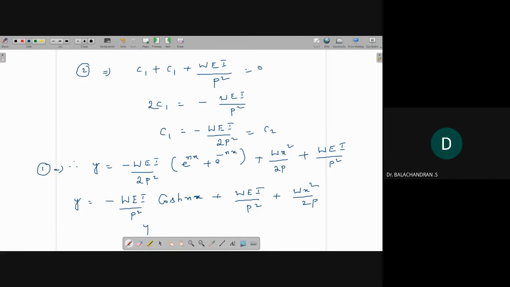If you take it common, y equal to w y by p square, remaining we have 1 minus cos h nx plus w x square by 2p, where n square equal to p by EI. So the problem is over.